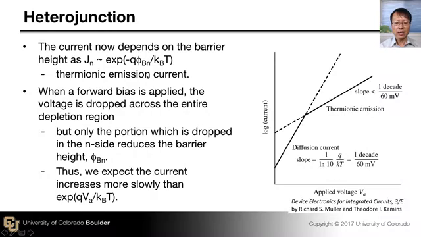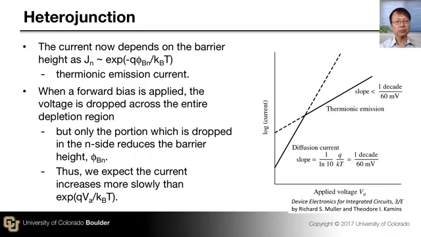And so as the forward bias is applied, the voltage is dropped across the entire depletion region, but only the portion of it that is dropped on the N side affects the barrier height on the N side. And the voltage that is dropped on the P side of the depletion region doesn't affect the current.